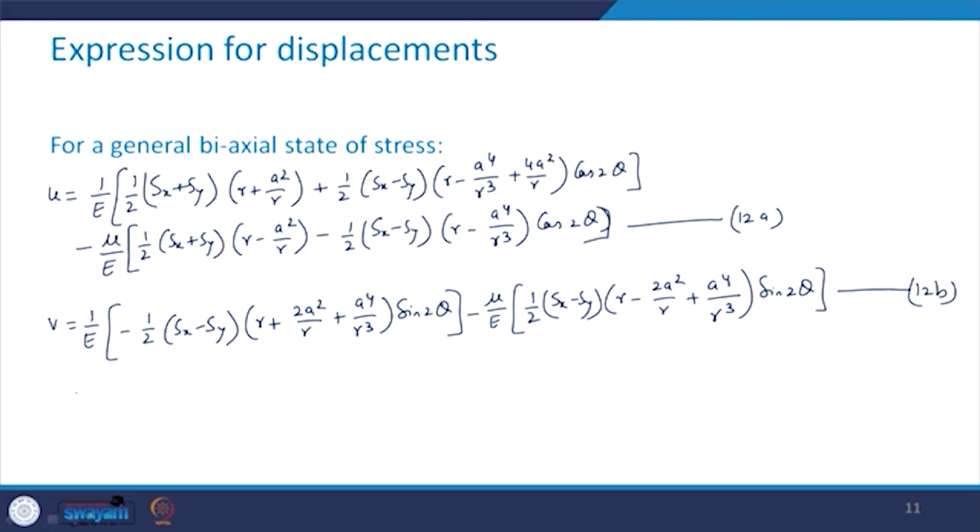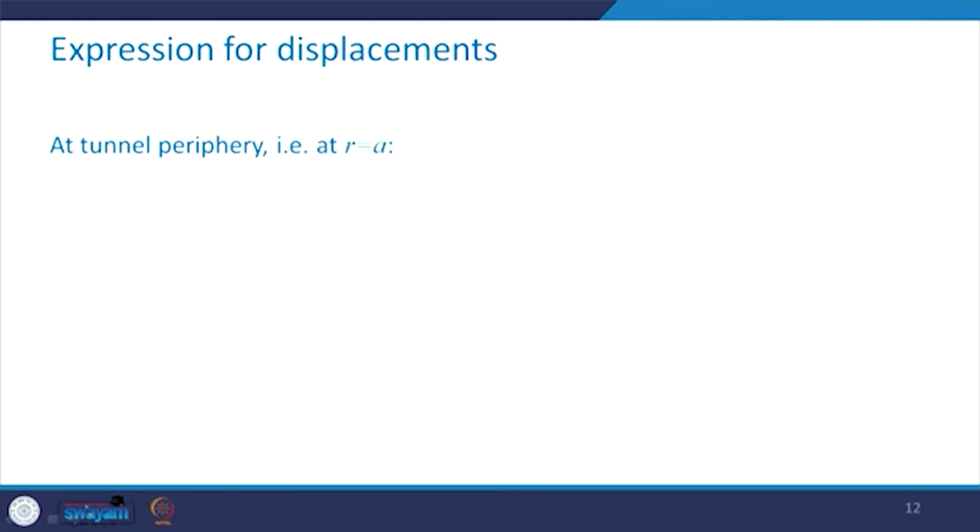Now, what will happen at the tunnel boundary? At the tunnel boundary, that is at r equal to a, just substitute r equal to a in the earlier expressions. So, you will be getting u equal to 1 upon E, (Sx plus Sy) into a plus 2 times (Sx minus Sy) into a cos of 2 theta.